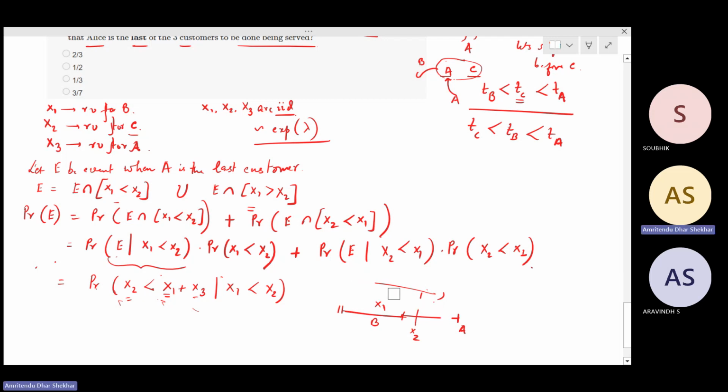Okay, all right. Times the probability that x1 is less than x2. So let's write it down. Times probability of x1 less than x2, plus the probability of x2 being smaller than x1 plus x3, given x2 is smaller than x1.